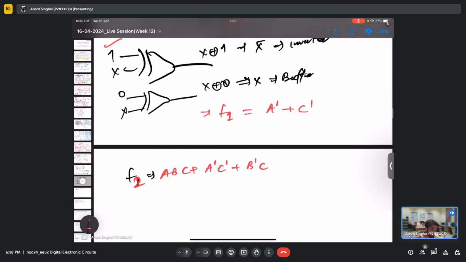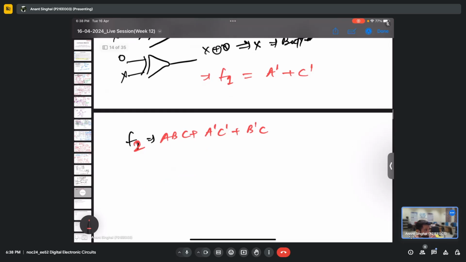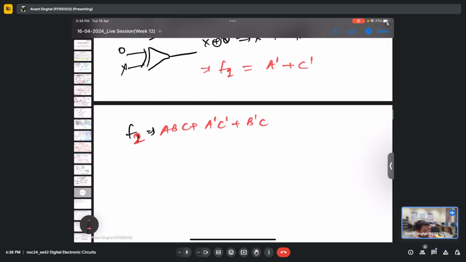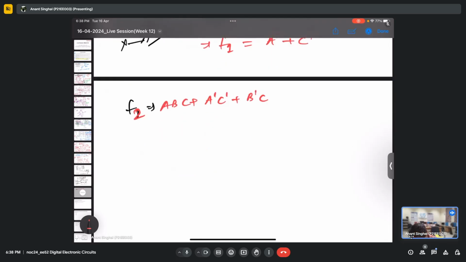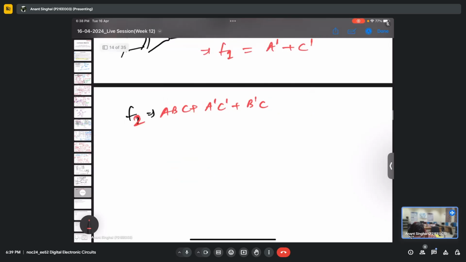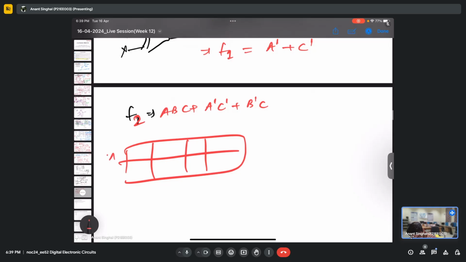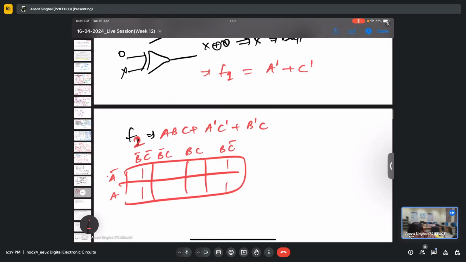So we can quickly make a K-map and write all the terms that are required. For F1 we can easily write it, or we don't even need the K-map, because let's say we have A first and then B, C. Wherever there is C complement there will be 1, wherever there is A complement there is 1.